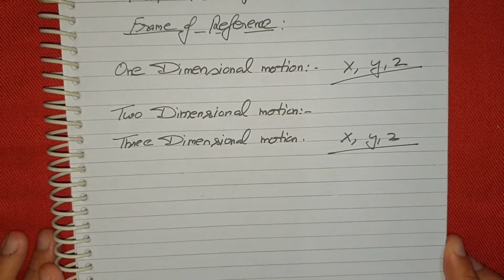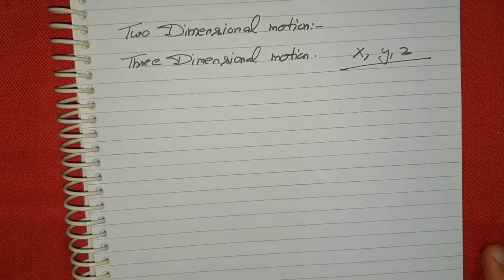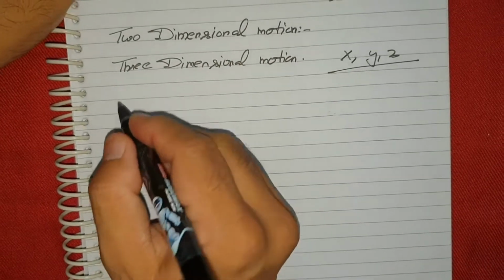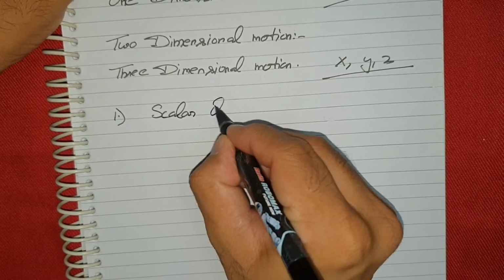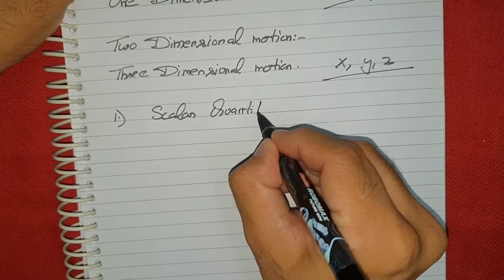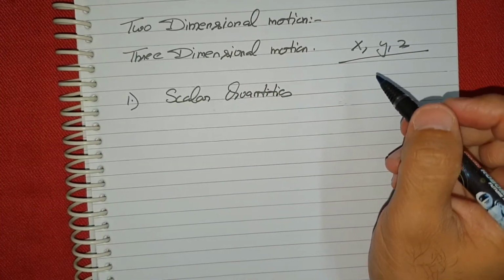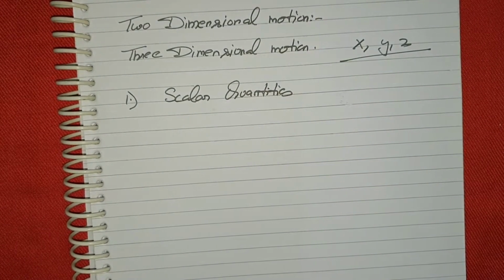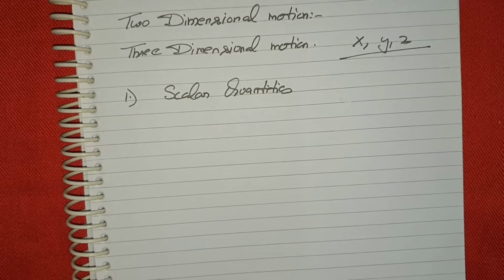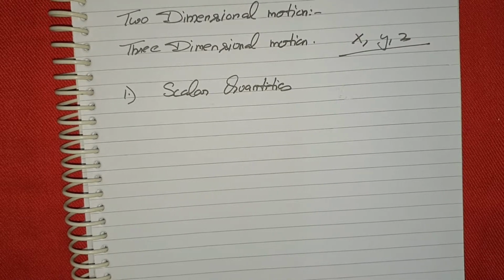Okay. Now, see, there are two types of quantities known as scalars and vectors. Our first topic is scalar quantities. A physical quantity which has only magnitude, or we can say a physical quantity which can be described only by magnitude and doesn't need any direction, is called a scalar quantity.